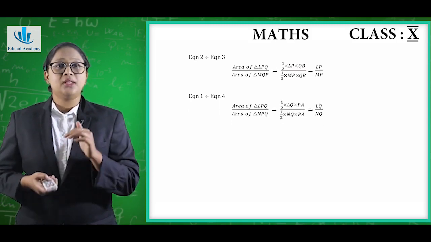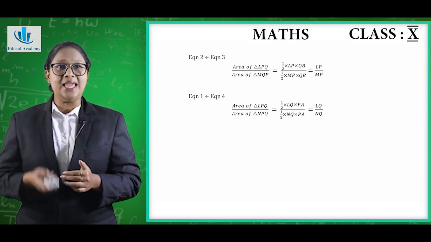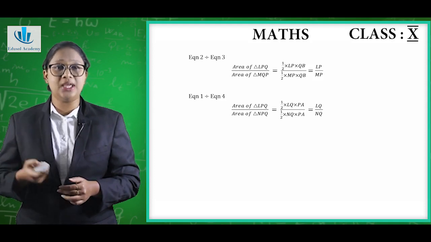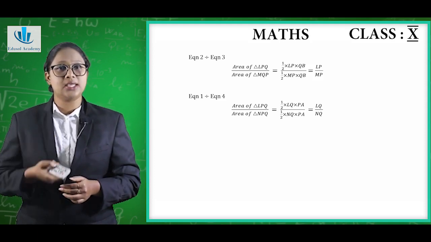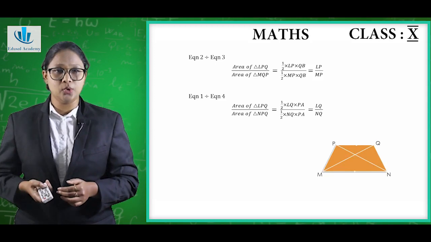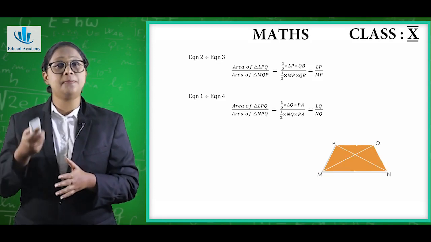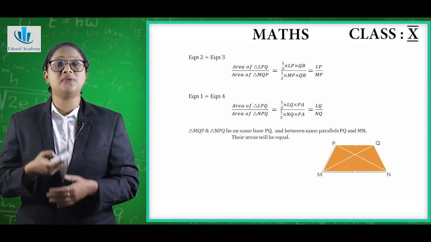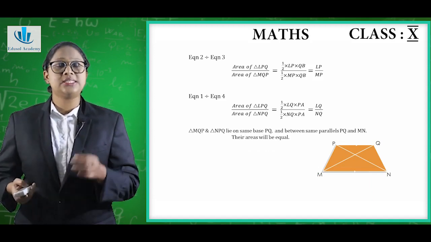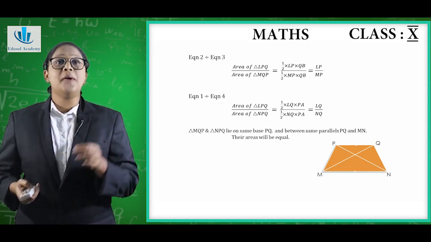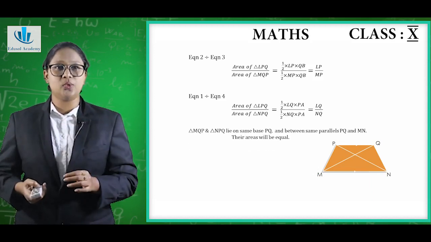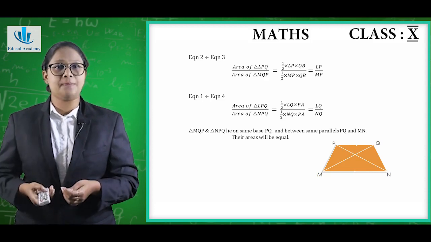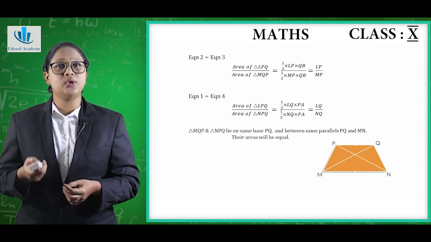As you can see, the equation 2 by equation 3 will be area of triangle LPQ by area of triangle MQP is equal to, we cancel the halves, we cancel the common QB, and what is left is LP over MP. Now for equation 1 divided by equation 4, that is area of triangle LPQ by area of triangle NPQ is equal to, again half and half get cancelled, and so did PA and PA, and we have LQ by NQ as the remaining.